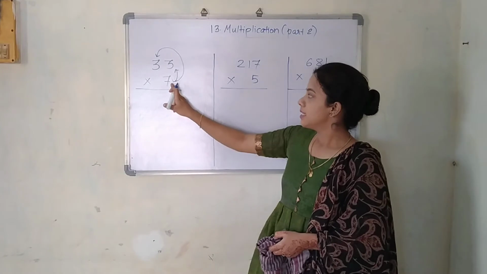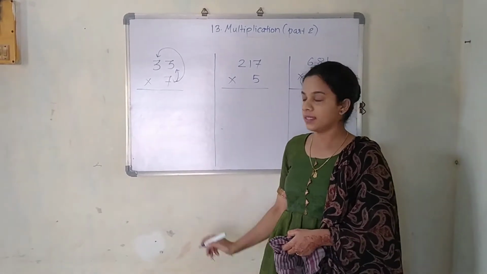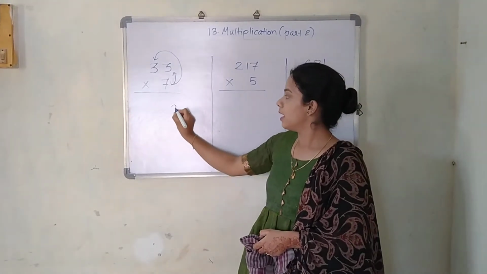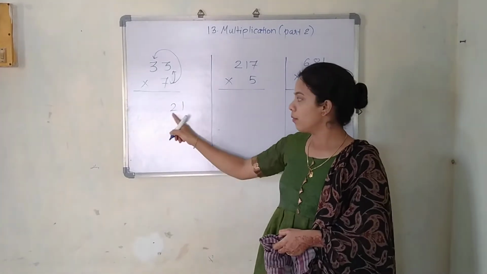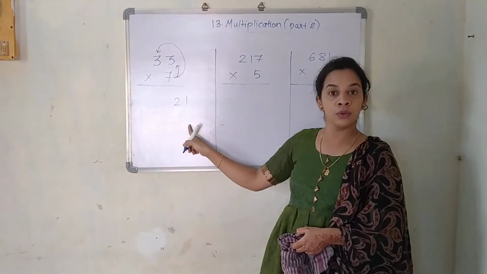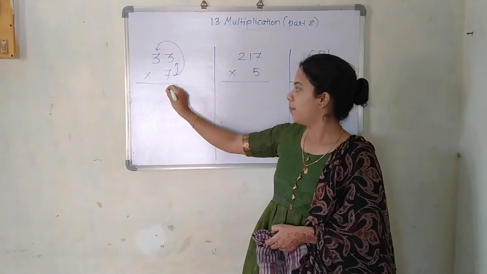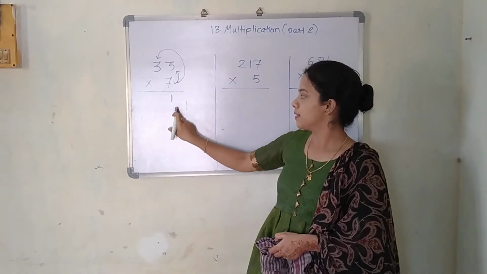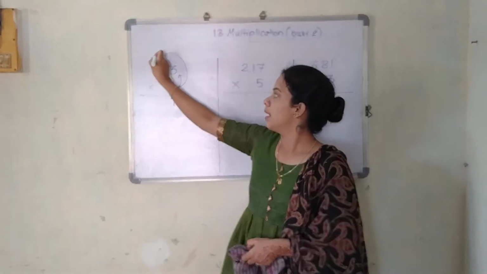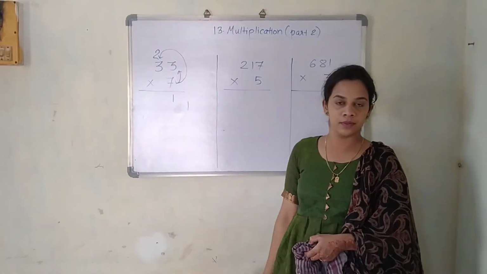So just see now. 7 3s are how much? Yes, it is 21. Now see here, 21 it is. Am I going to write both these numbers over here? No. What I will do is write the unit place over here and this 2 which is there, I am going to shift onto the head of that 3.